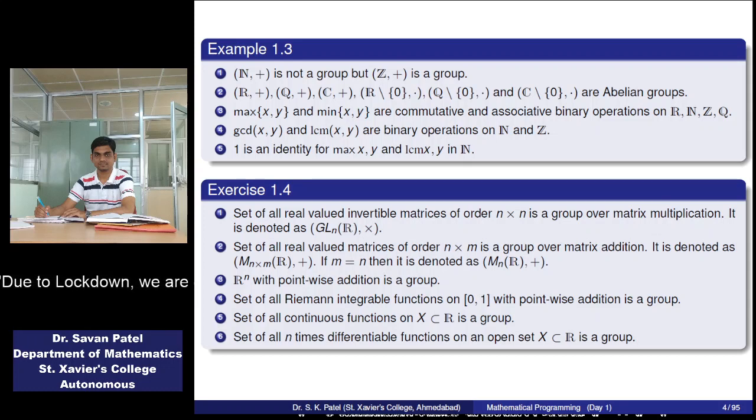It will work as identity element since f plus the 0 function is f for all f, and the inverse of f is minus f. If f is n times differentiable, minus f is n times differentiable. The set of all continuous functions on X subset of R is denoted as C(X), and the set of all n times differentiable functions on X is denoted as C^n(X).